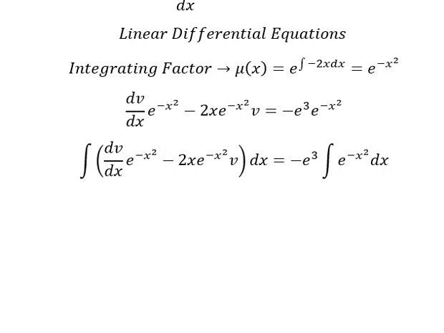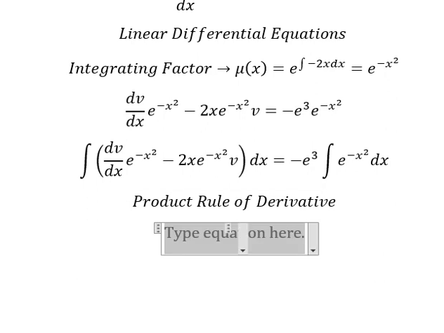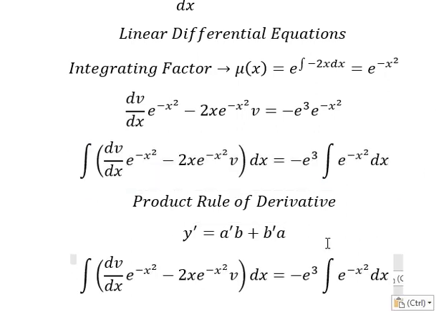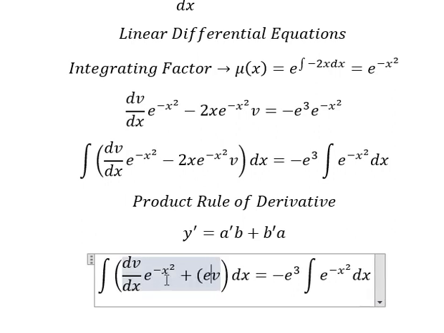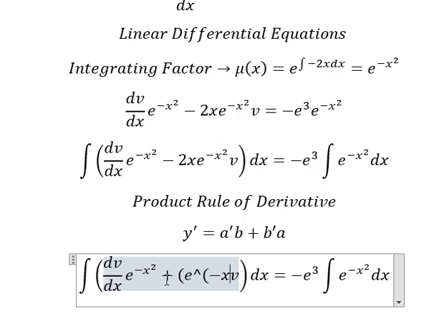So we can use the product rule of the derivative. So we have the derivative of y equals the derivative of a multiplied by b plus the derivative of b multiplied by a. So the derivative of a multiplied by b is the derivative of b multiplied by a.